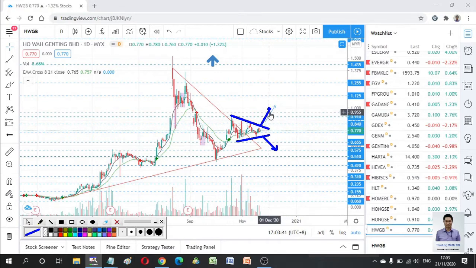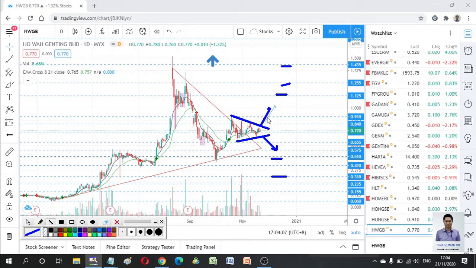If the price comes up here, there is a possibility it will test the previous high. If the price breaks down from the bottom, these are the areas it will come down and test.